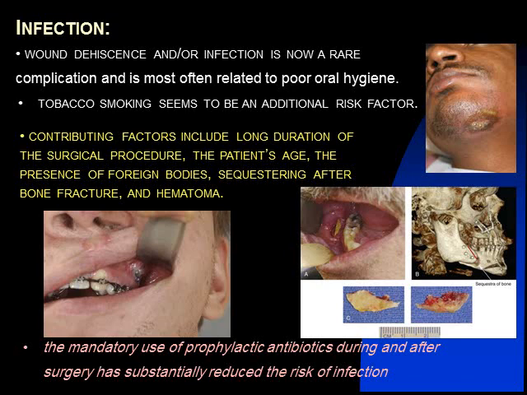Infection may arise due to excessive trauma to the tissues, bad handling of the soft tissue, depriving the area of adequate blood supply, and use of excessive heat without enough coolant system to reduce the bone temperature, which may result in post-operative necrosis and sequestration of bone.